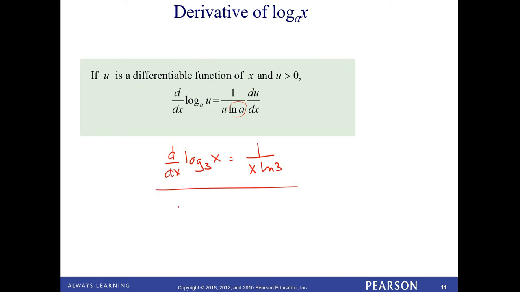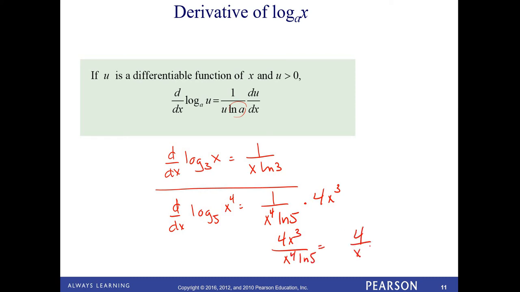If we do one with a chain rule, d dx log base 5 of x to the 4th, 1 over x to the 4th ln 5 times 4x cubed. 4x cubed over x to the 4th ln 5 will give me 4 over x ln 5 in the denominator.